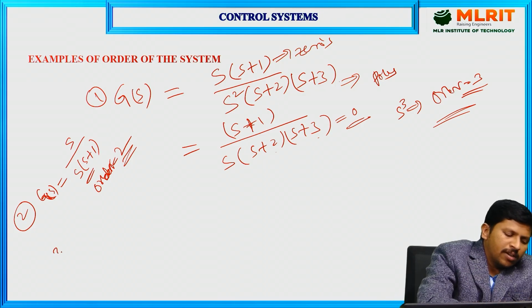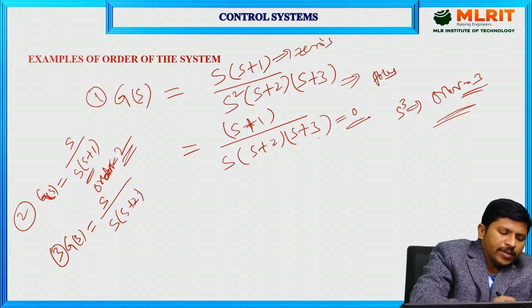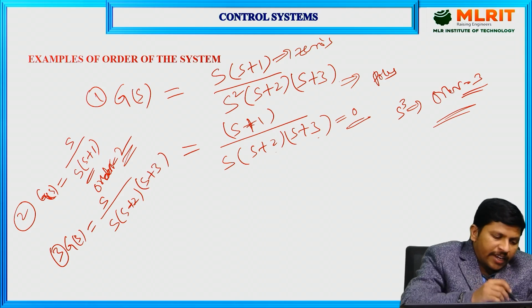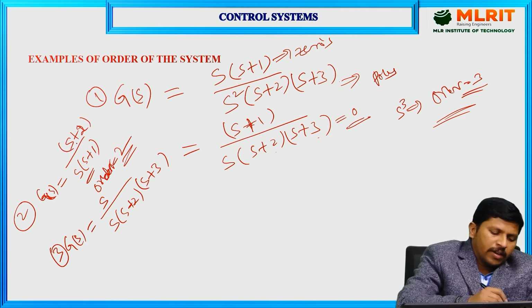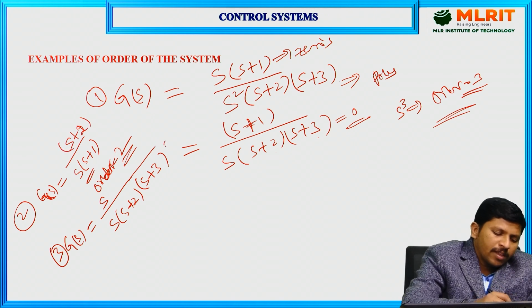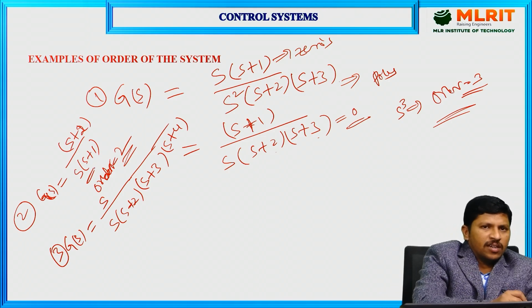For example, one more example: G(s) equals s plus 2 divided by s into (s plus 1).